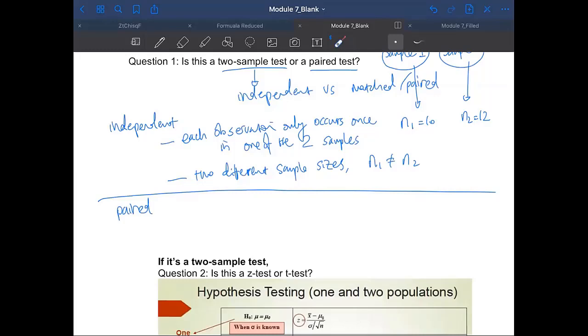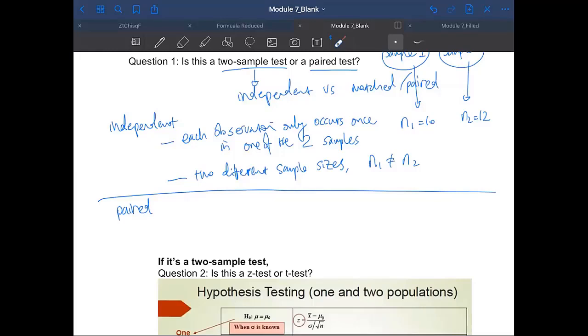But the first observation and the second observation are related. Why are they related? Well, they're related because they're using the same person. It is the same person. They're highly related. That's excellent.